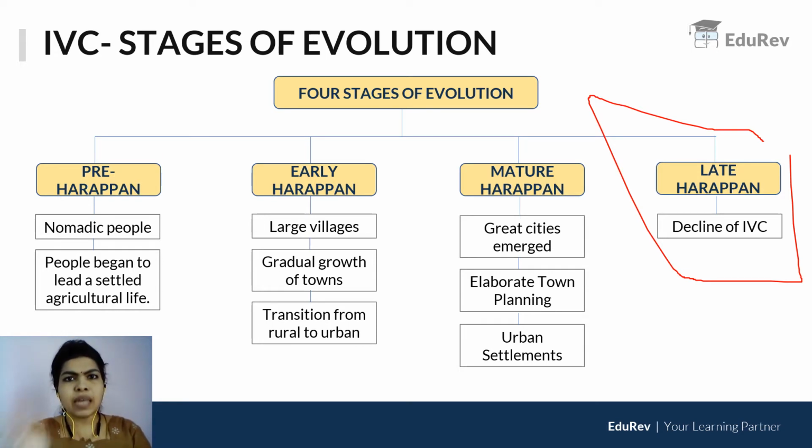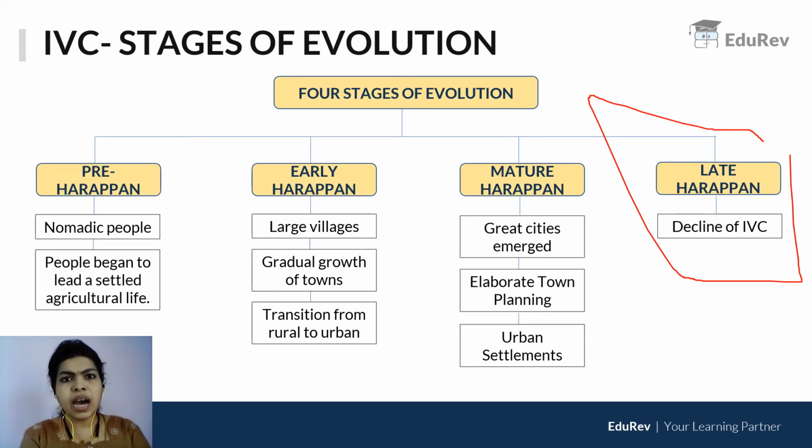Now, if you take the examples, most of the prominent settlements and important sites of IVC which we have read in the last modules fall under the mature Harappan, whereas some, for example Amri or Kot Diji, fall under the early Harappan scenario.